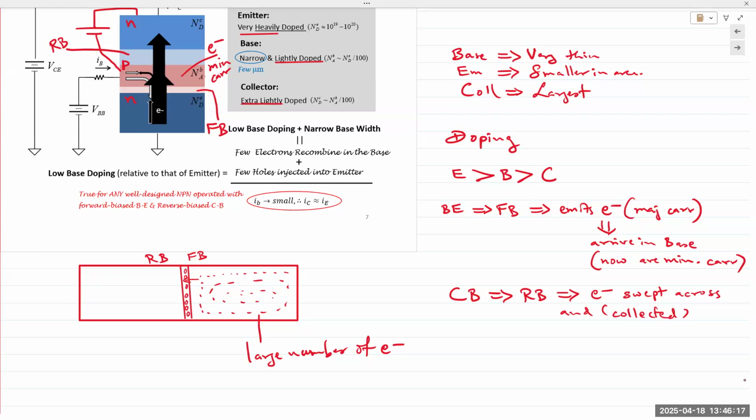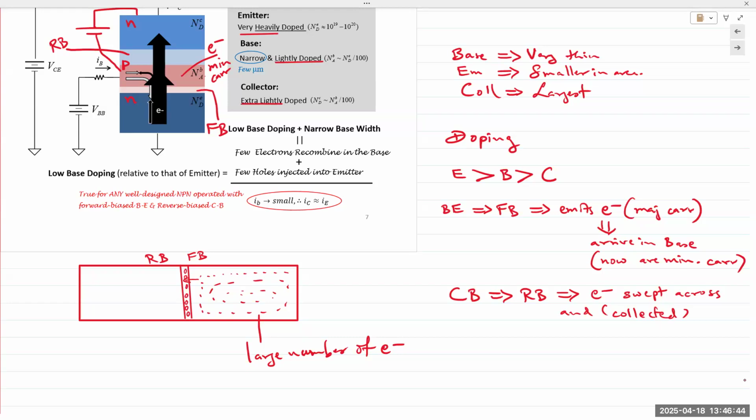But because the base is very thin, electrons come over, a very small portion of those electrons from the emitter will recombine with the holes present in the base, and the rest of the electrons are free to cross over because electrons are minority carriers in a p-type material.